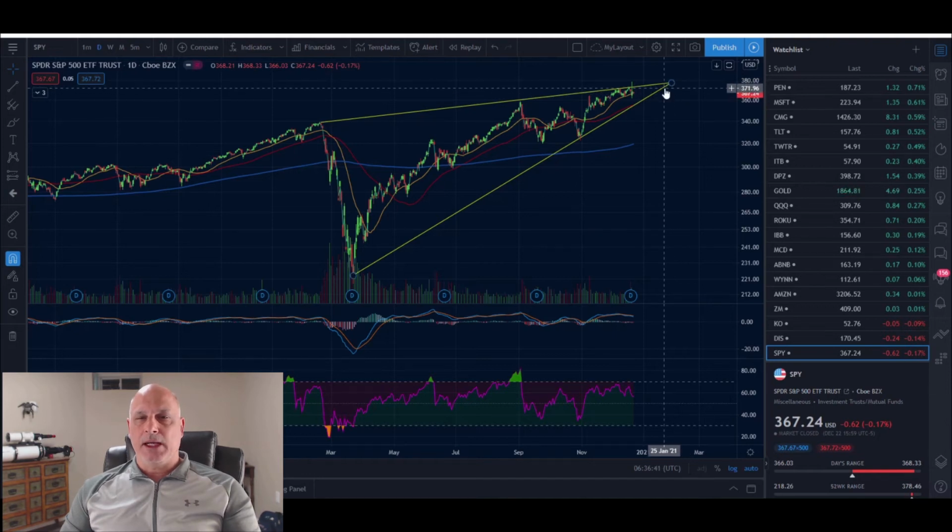Obviously, there's a strong indication that we need a pullback in here, back down to the 320 area. So there may be an opportunity for a trade here during the week, next week. Right now, kind of just undecided. Volatility is low, coming down. Spiders, everything's getting kind of tired in here.